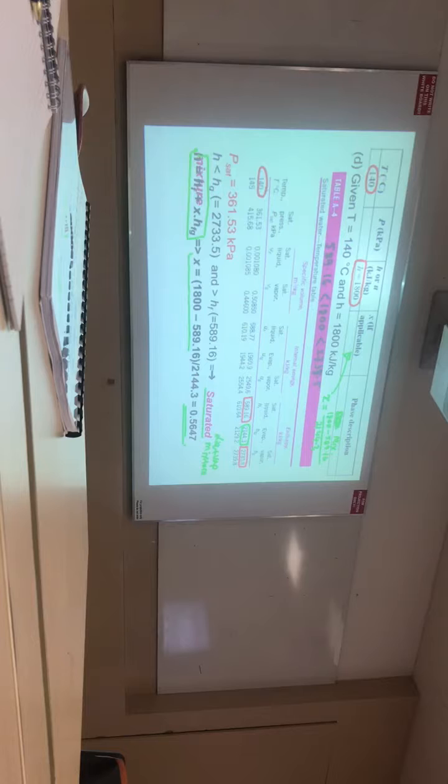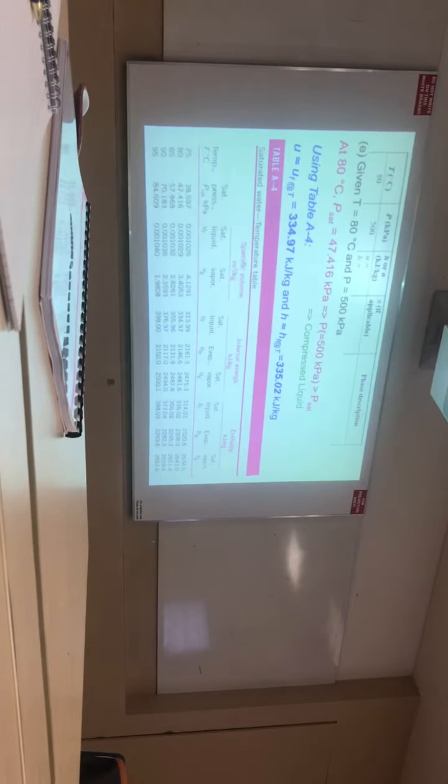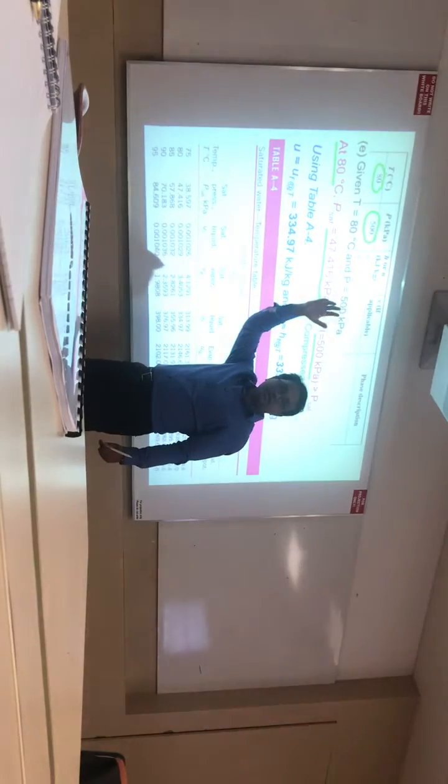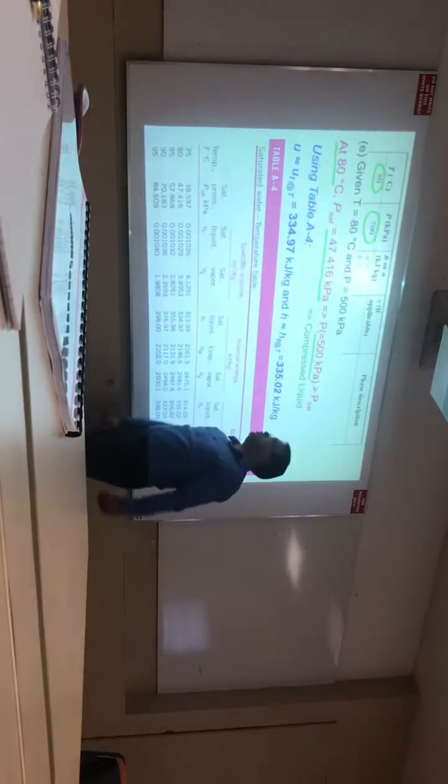I hope you understand. And question 5. Temperature is 80 degrees Celsius and pressure is 500. So at 80 degrees Celsius, saturation pressure is this one, and given pressure is 500, right? So 500 is higher than 47.416. So this is definitely compressed liquid. Very good.